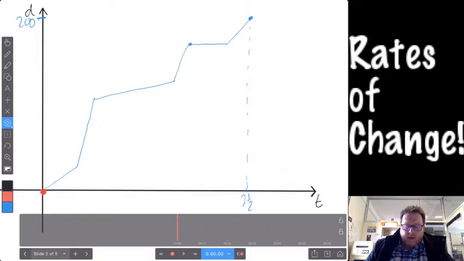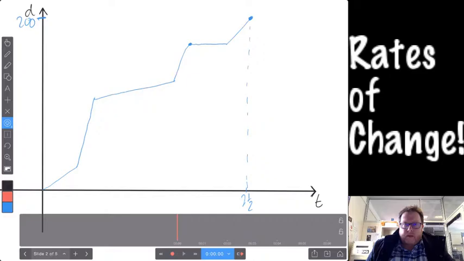Here we were travelling a little bit more slowly, and then here we travelled a little bit faster because we can see that the distance increased quite significantly for a small amount of time that's passed, and then slowed down again, a bit faster again, then it stopped from here to here, from here to here, and then there's a bit of a burst of speed back to Launceston. Okay, so we had lots of different speeds there.